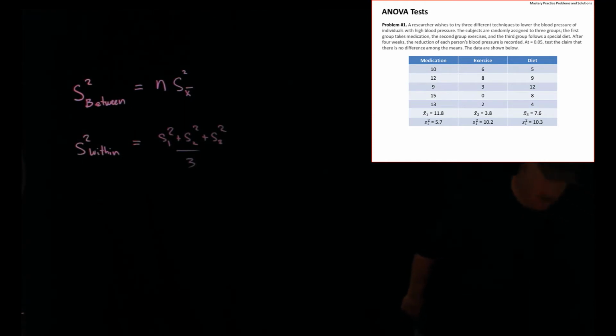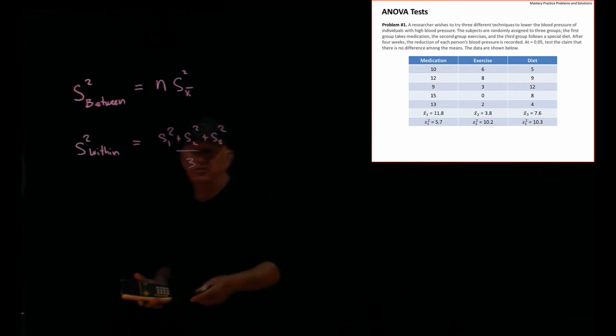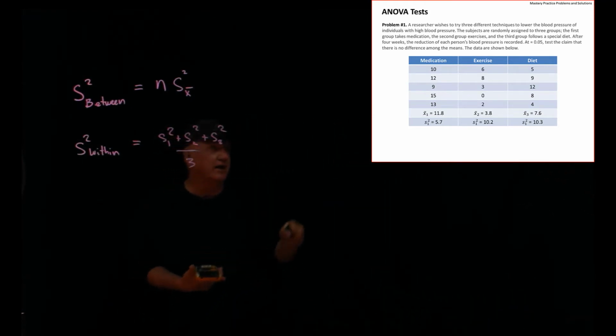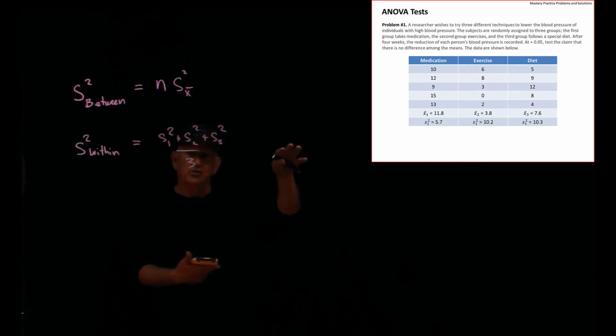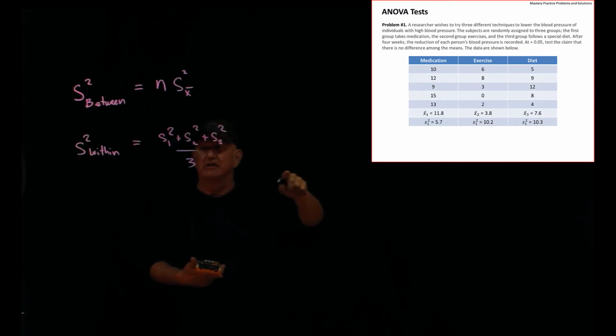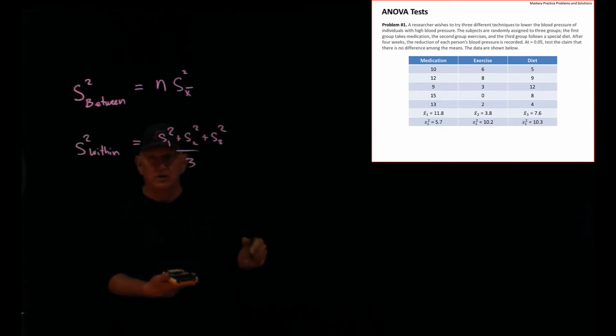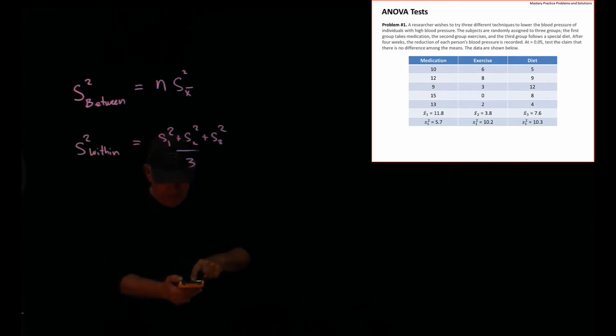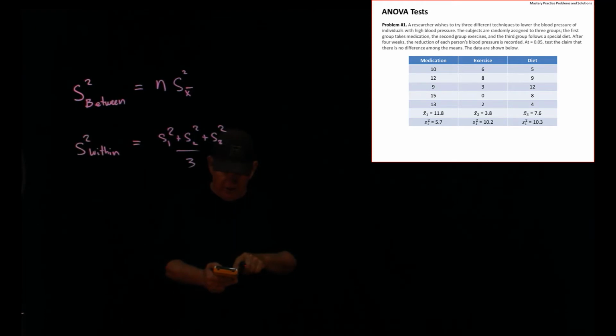And actually, I'm going to use the calculator in order to do that. I've already loaded into list 1 the three means, and I've loaded into list 2 the 3 variances. So I can just turn this on. Let me go verify that that's exactly what I did.